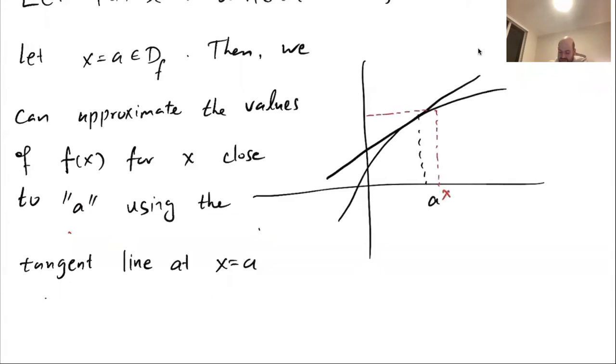This is f of x, and this one here is L of x, the equation of the tangent line at x equals a. The original function and the tangent line are close to each other as long as x is close to a. So for this reason, we can approximate the values of f of x if x is close to a using the tangent line at x equals a.